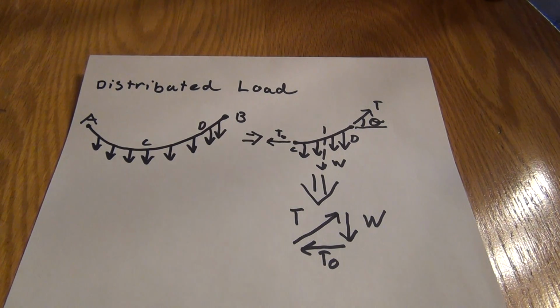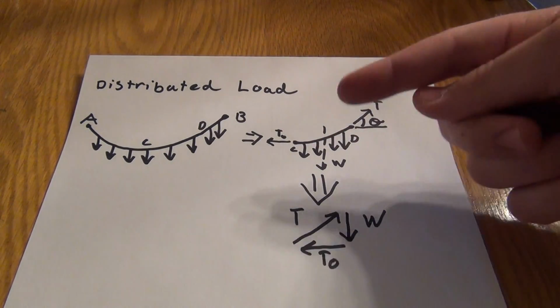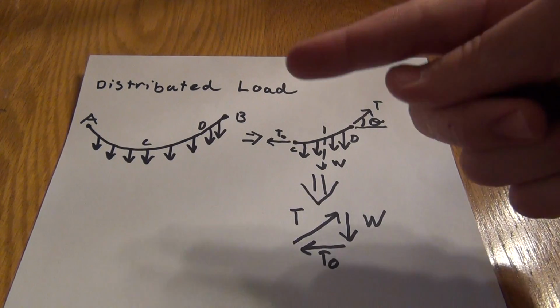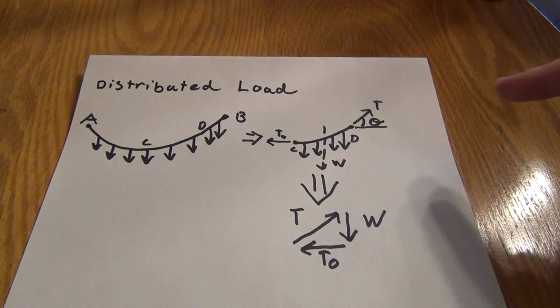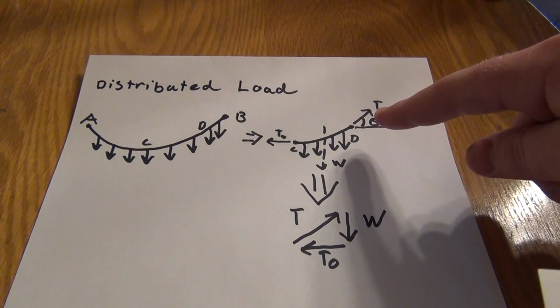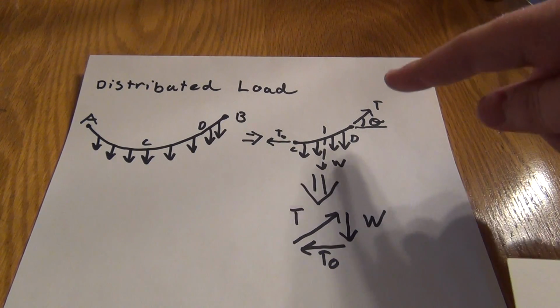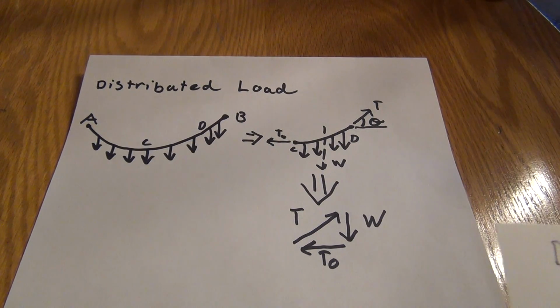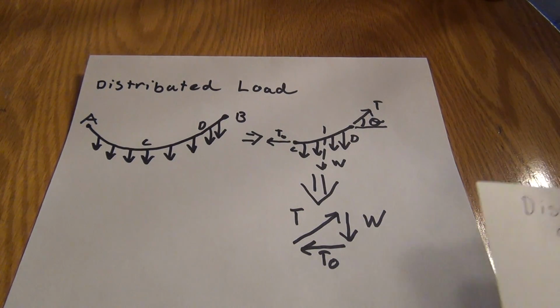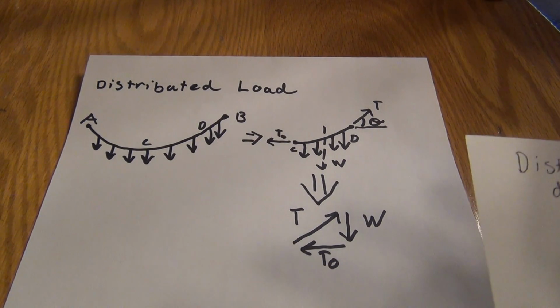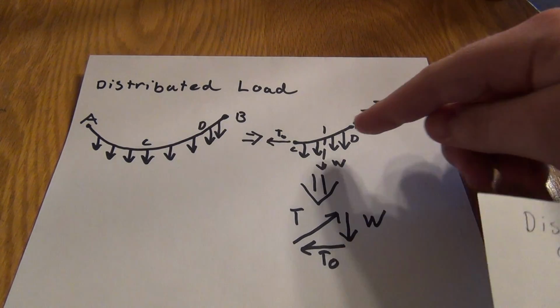So let's take note of point C and D. We see a horizontal tension force at point C, and we see a tension force tangent to the cable at point D. And then W, which is the distributed load, supported by the portion of the cable CD.